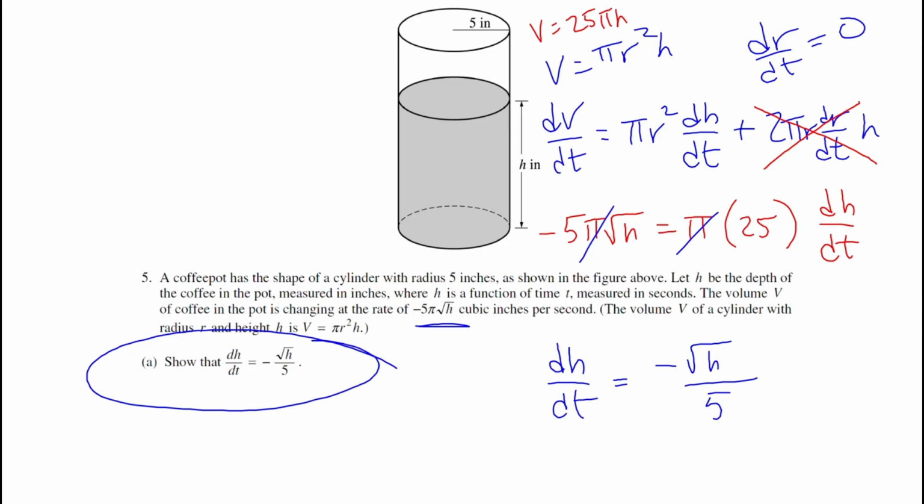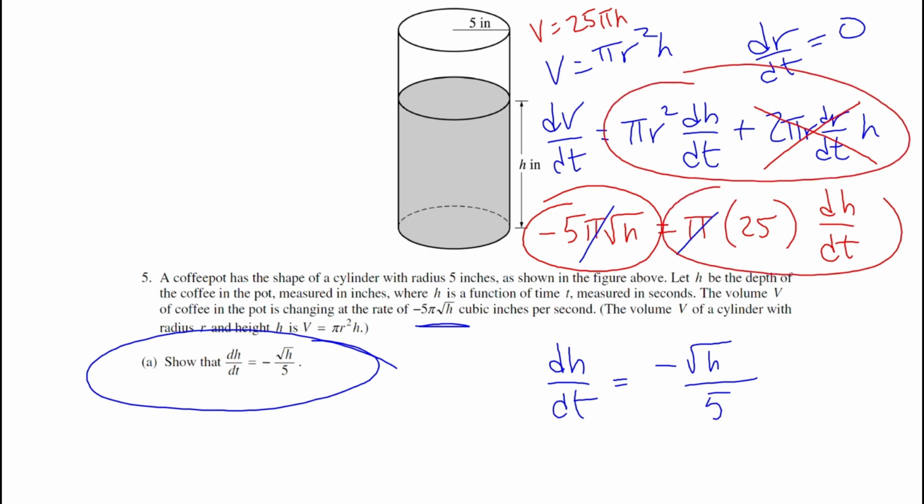And they gave you 3 points for that. 1 for using dv dt equals -5 pi root h in there. 1 for actually finding what dv dt was, so like doing this or getting this, either one would be fine, and 1 for simplifying it down and showing the result.